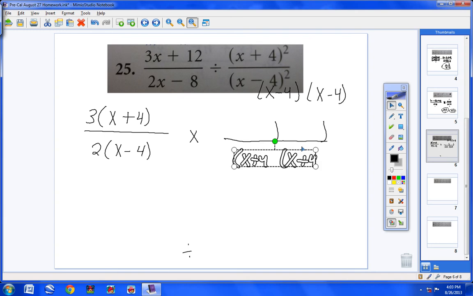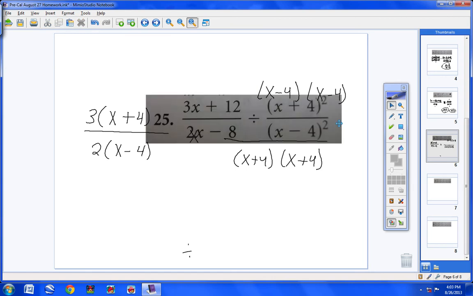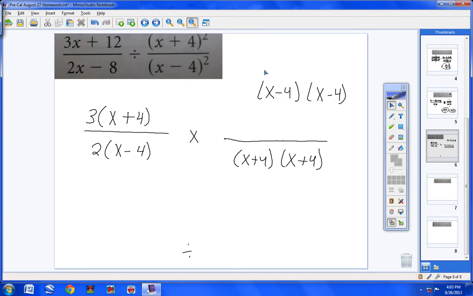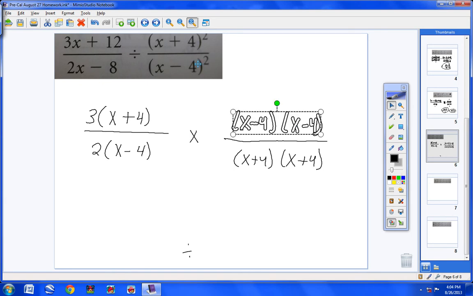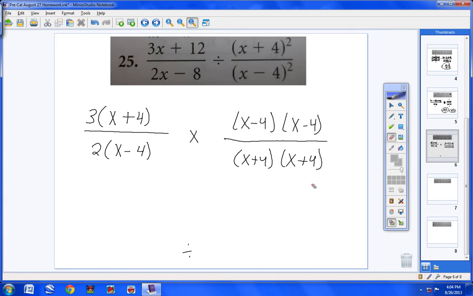This will go down here. Looks like I missed a little bit. All right, there we go. Now, we have flipped our second fraction because we had a division sign here. Once you flip the second fraction, you then make it multiplication.